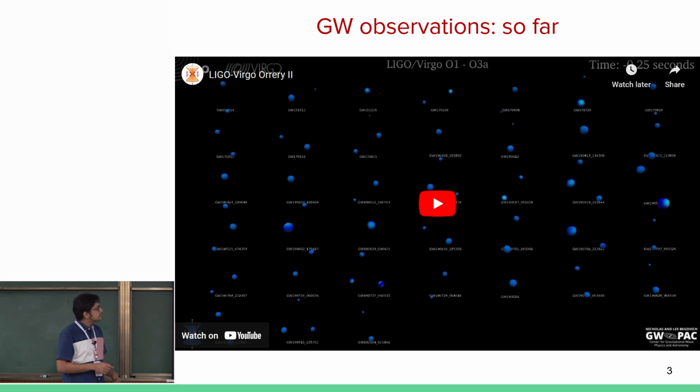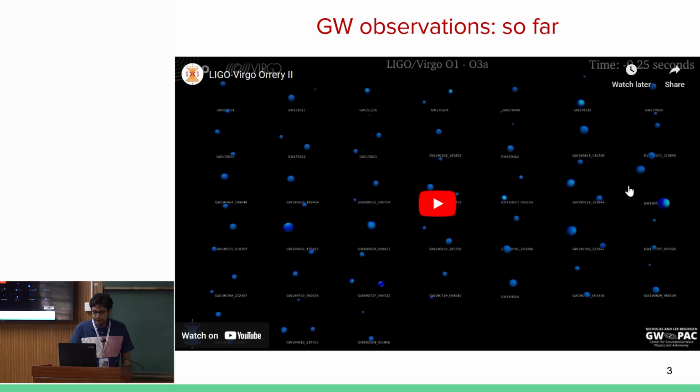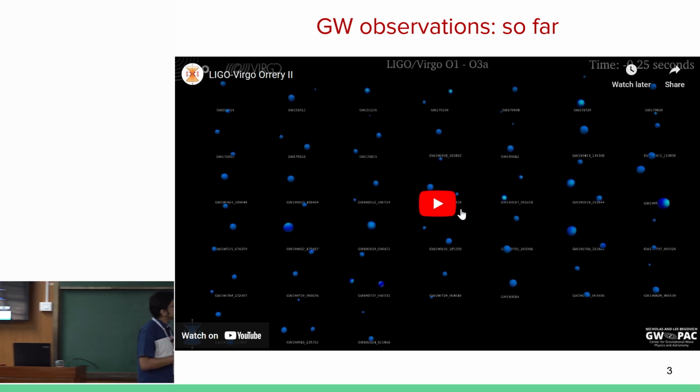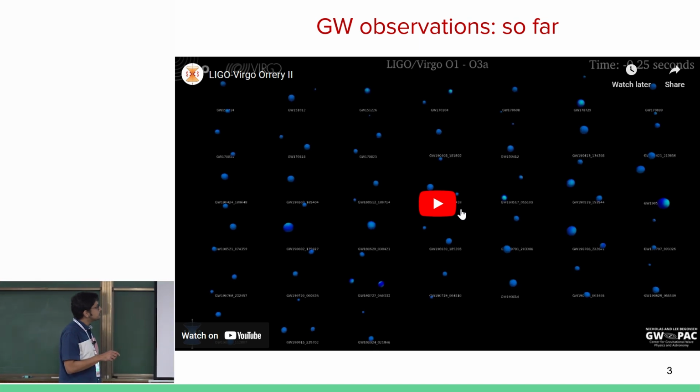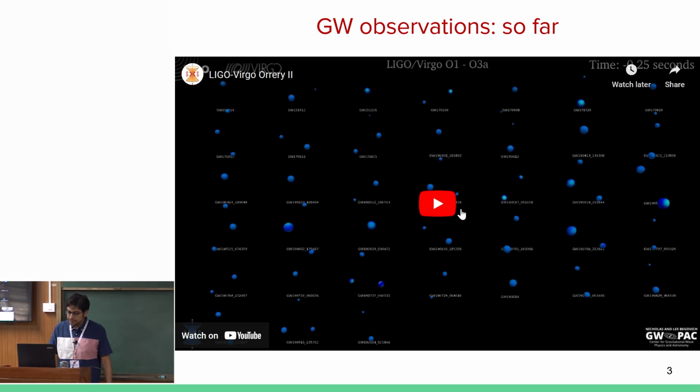This animation will show actual results from numerical relativity simulations. What is shown here are I think around 35 events from the first, second, and the first half of the third observing run of the LIGO-Virgo detectors. What are shown here are the two horizons that will inspiral as well as merge within the span of this movie.